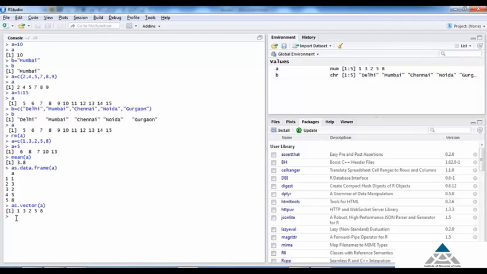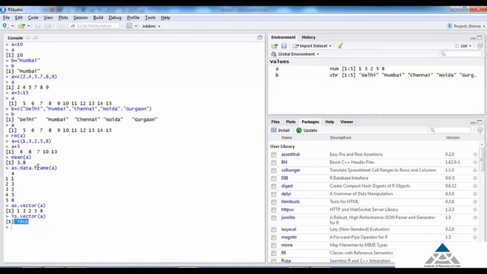Another function we use is is.vector. This basically helps us check if a given variable is a vector or not. The is keyword is related to information functions. If we write is.vector(A), here we get the result as TRUE, which means that A is a vector.